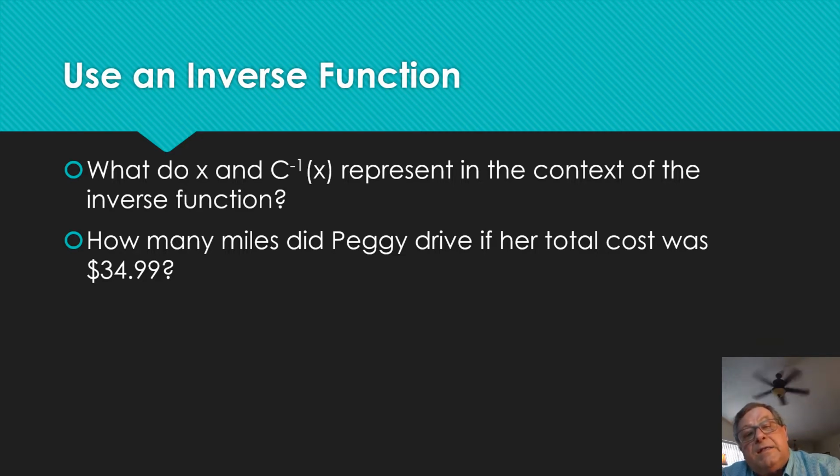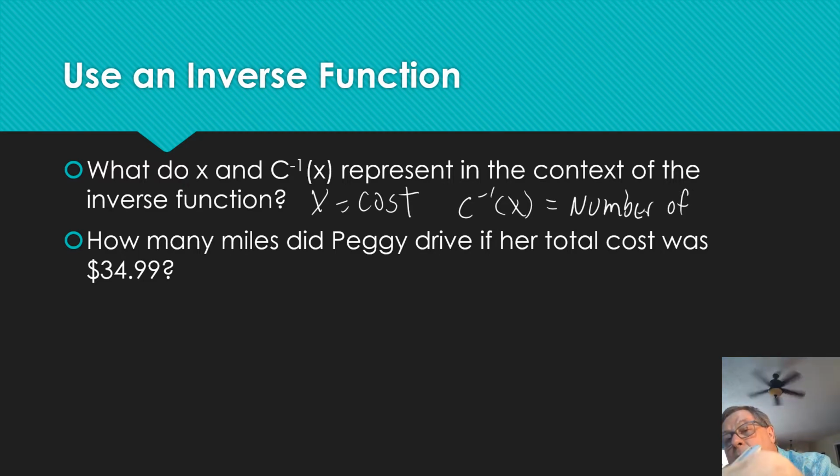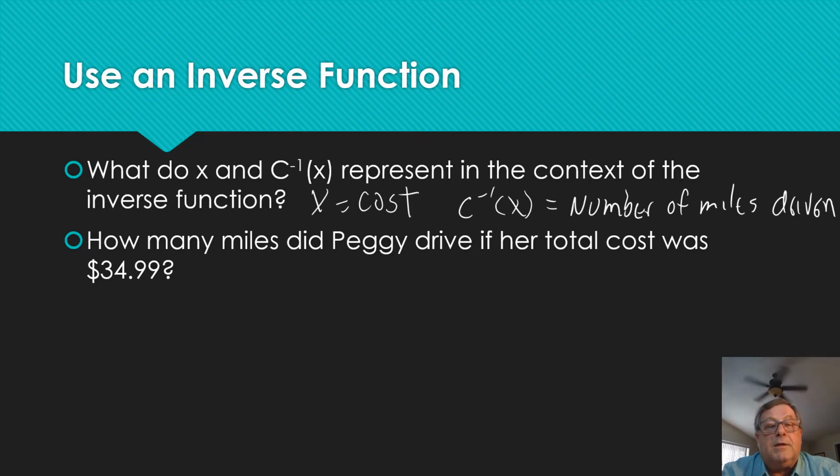Well, in the inverse function, x is going to equal the total cost of renting the car, and the inverse function C inverse of x is going to equal the number of miles driven. All right, so that's our context.